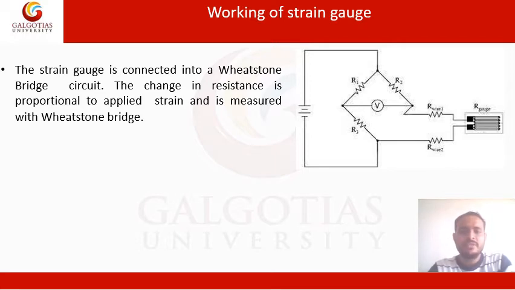When some external force is applied to a stationary object, stress and strain are the result. When a strain gauge is connected into a Wheatstone bridge circuit, as shown in the diagram, the change in the resistance of the strain gauge is proportional to the applied strain, and thus it is measured with the Wheatstone bridge.